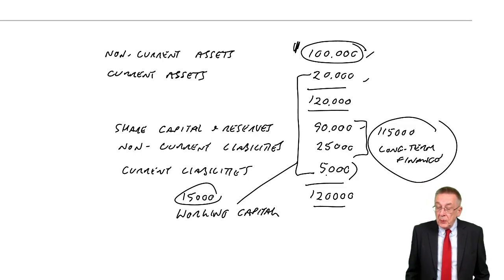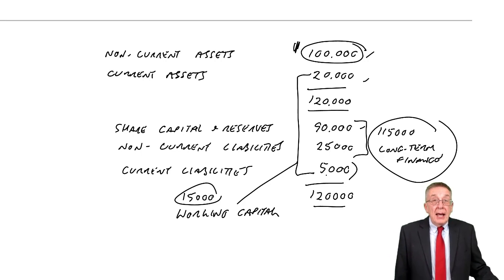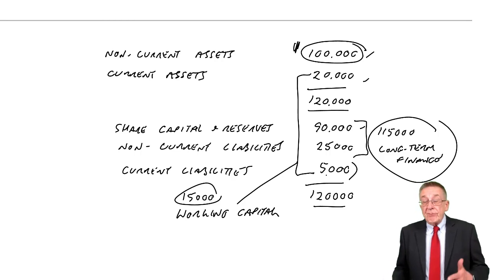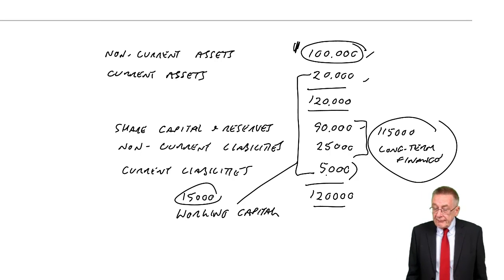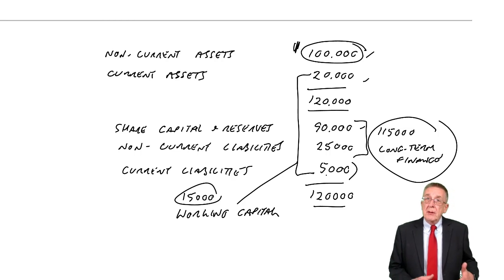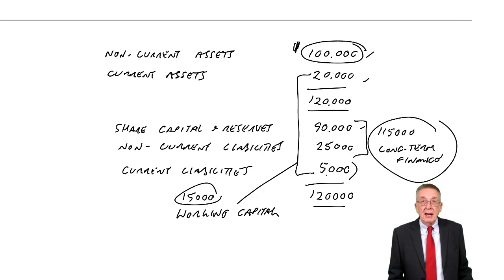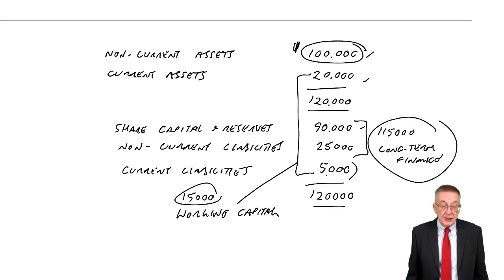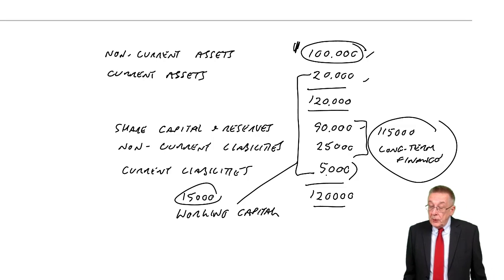So that's why it's so important that we manage it properly. And I say, this chapter in some ways is fairly introductory. In later chapters, we'll look at how we perhaps should go about managing our receivables, managing our inventory, managing our cash. So that's what we're talking about.